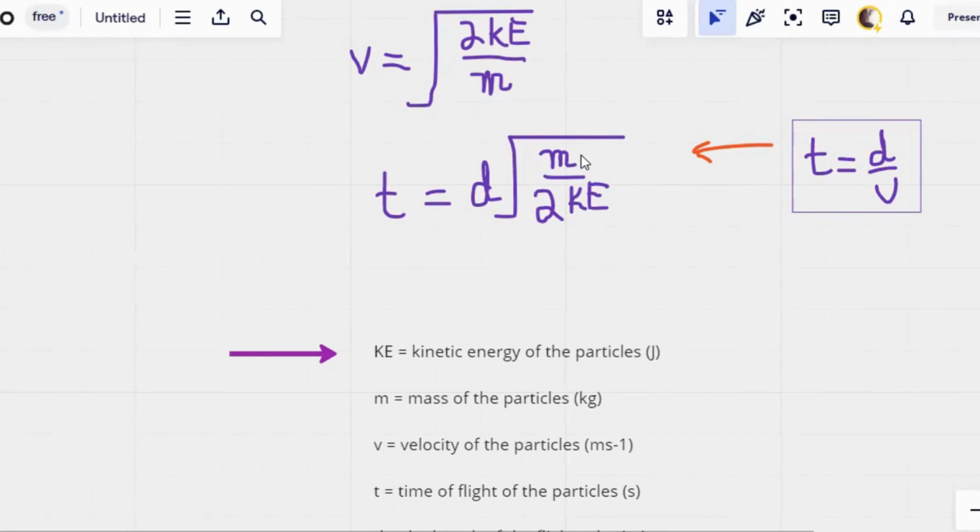It is an important point that you must know from your exam point of view. And what about the heavier ion? The heavier ion will travel slower and take longer to hit the detector. So this was all about the time of flight mass spectrometer.